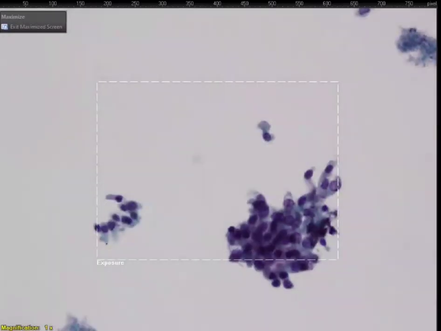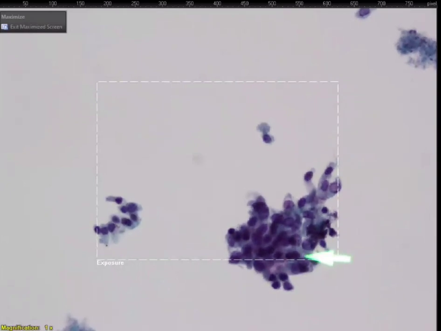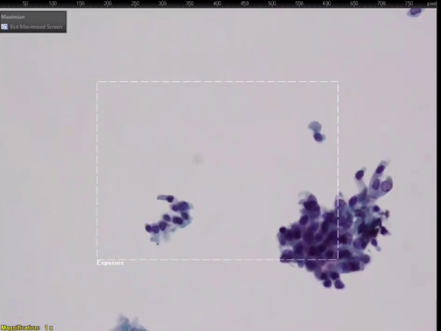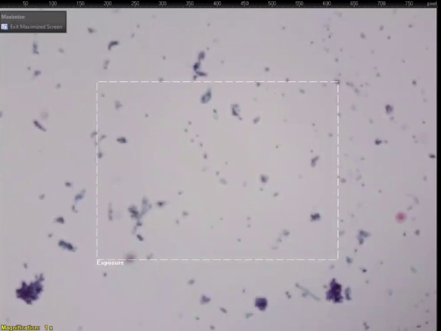I know some of these groups don't all have cilia, but you can see some on the edges, and actually some have terminal bars. And these also don't have cilia, but you can see they're columnar. They look like these. They've just lost their cilia somewhere. All good with this?